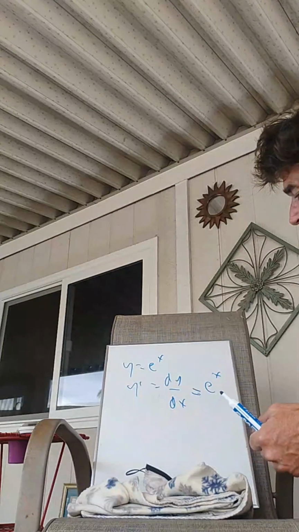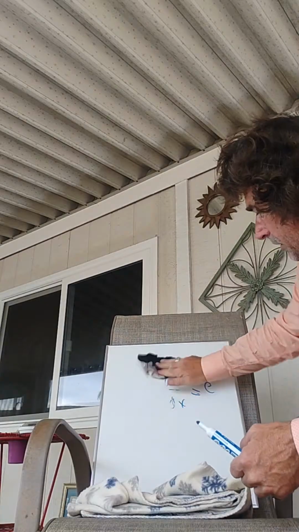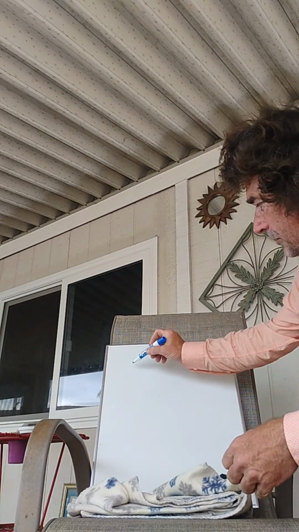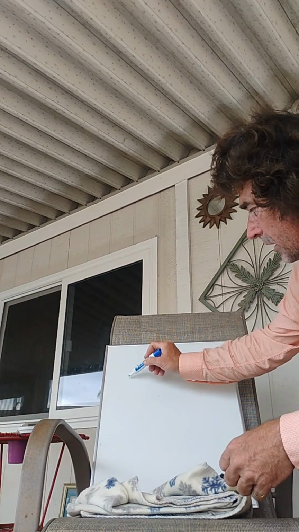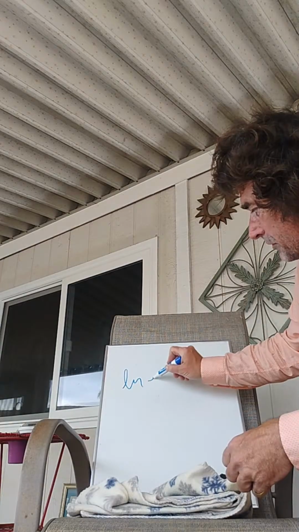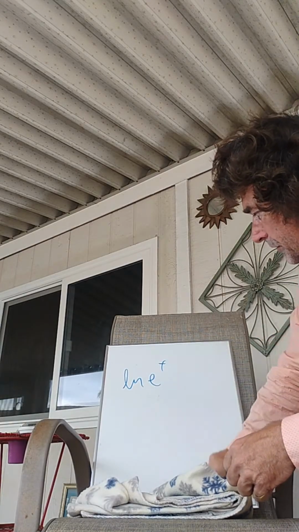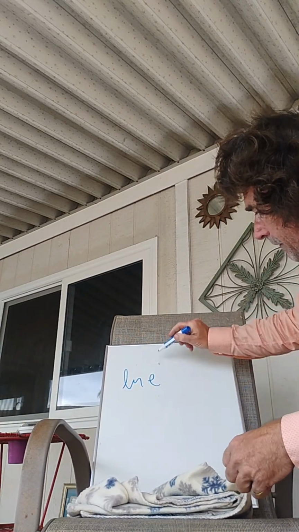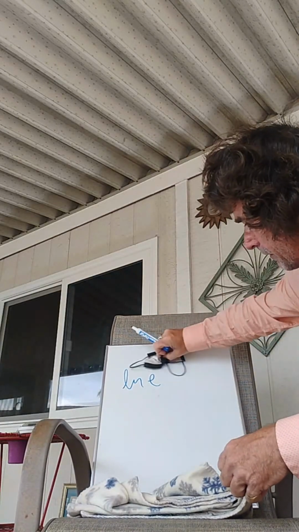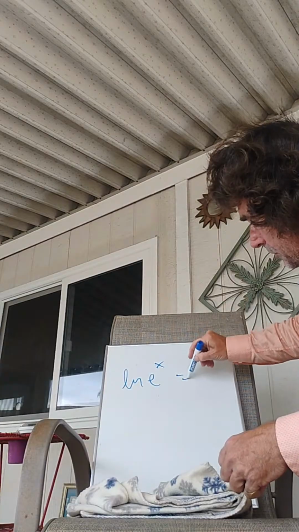And so then I'm going to do another thing here. Now, there's such a thing as a natural logarithm. The natural logarithm of e to the x, if I can even write, natural logarithm of e to the x equals x.